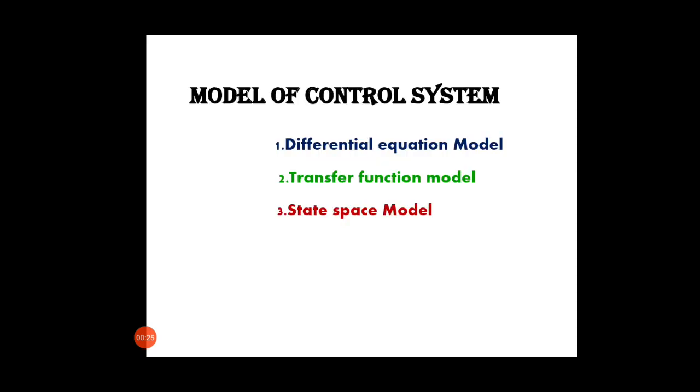One is the differential equation model, the second is the transfer function model, and the third is the state space model. So we can describe the control system in a differential equation model, a transfer function model or S domain model, or a state space model.